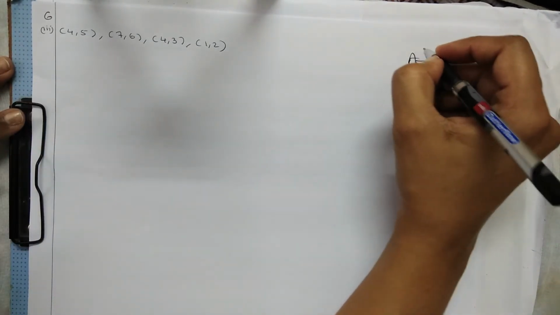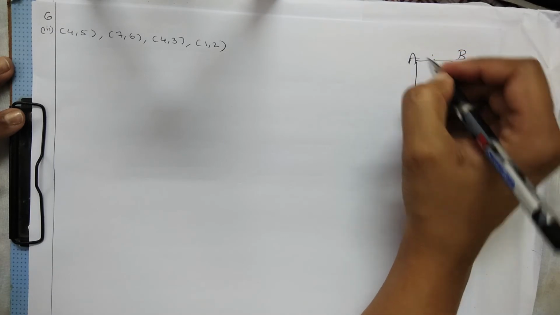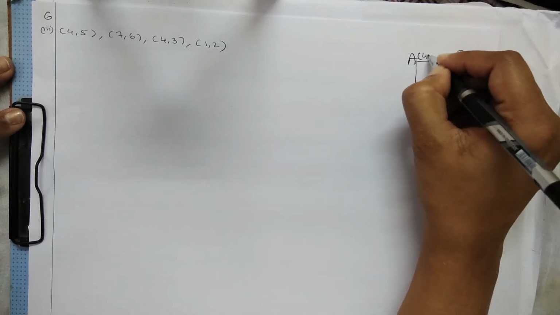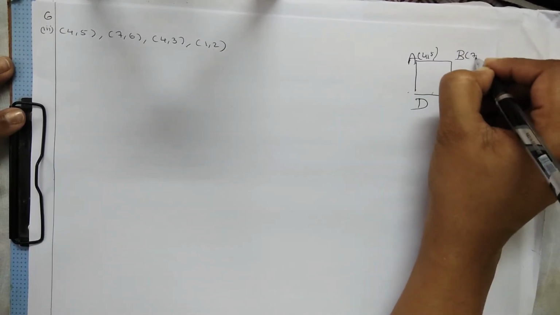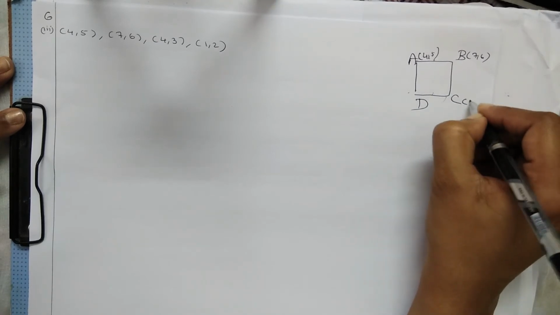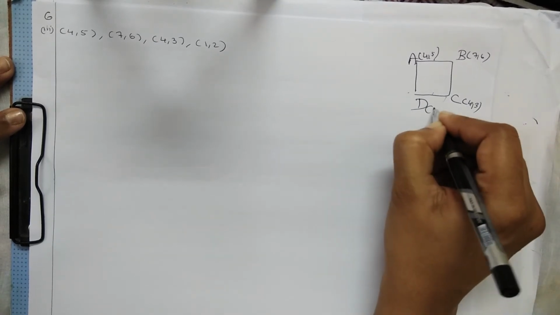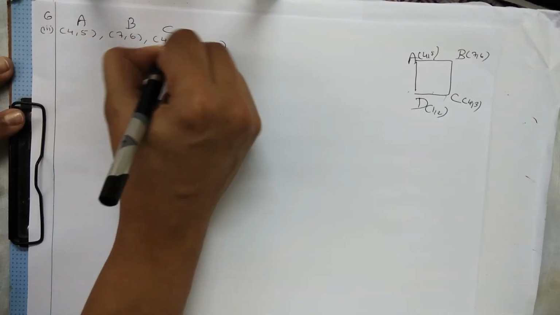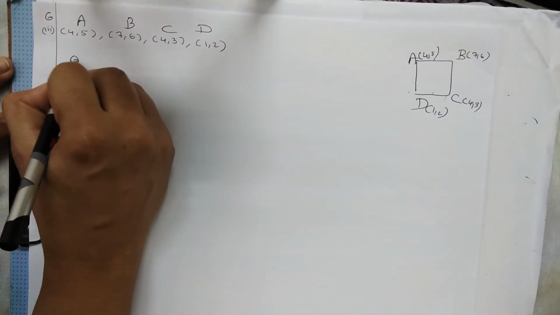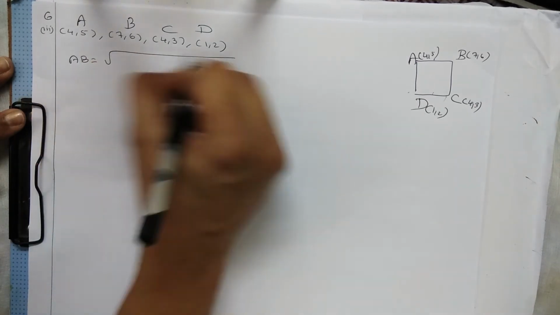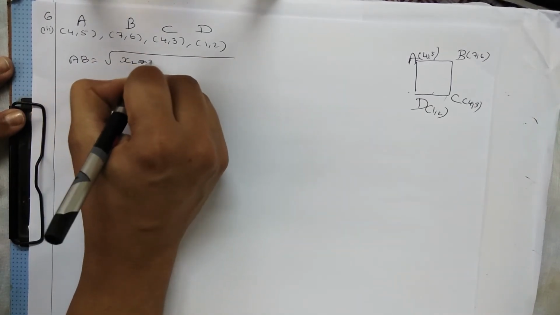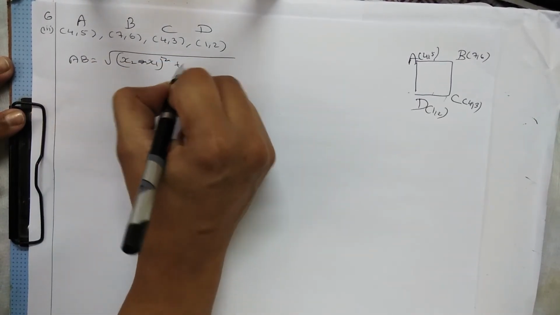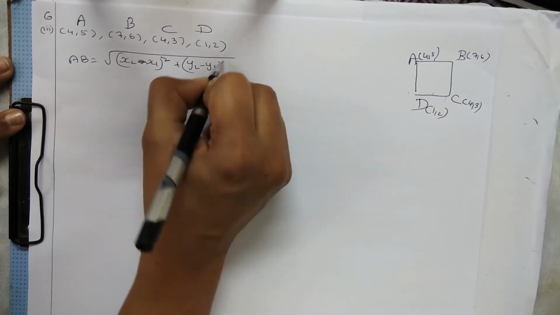So A is 4, 5. B is 7, 6. C is 4, 3, and D is 1, 2. So here also this is ABCD. Now AB is equal to root of x2 minus x1 the whole square plus y2 minus y1 the whole square.